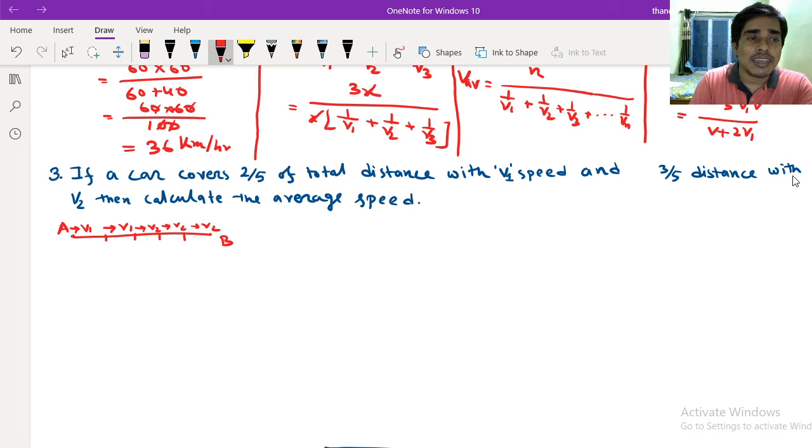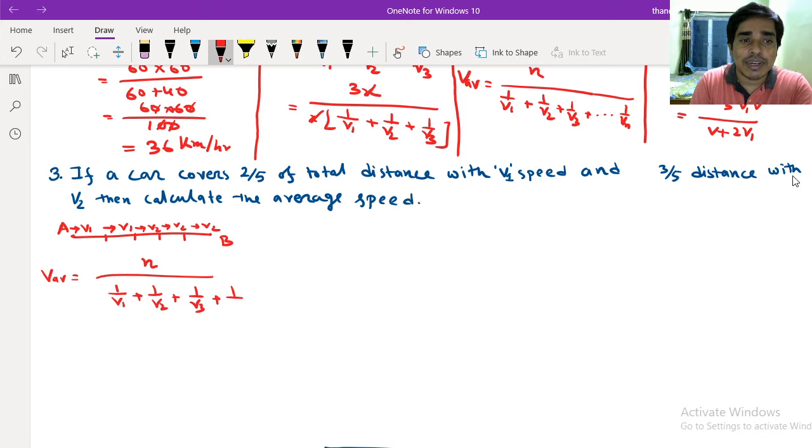So in this case I have already deduced the formula, that means V average will be N divided by 1 by V1 plus 1 by V2 plus 1 by V3 plus 1 by V4 plus 1 by V5. This is the formula.